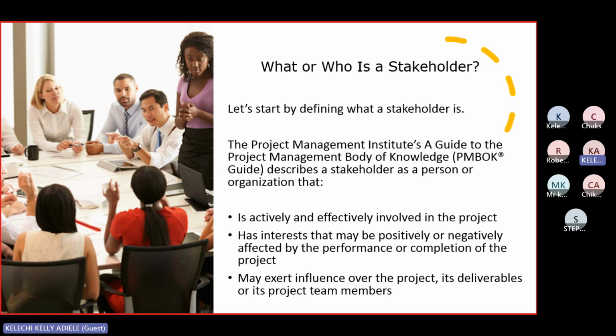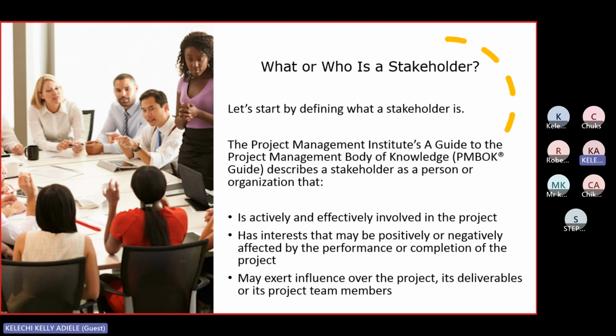Number three, he may assert influence over the project, its deliverables, or project team members. So somebody who has enough influence to affect the outcome of a project, the deliverables, the decisions, is also seen as a stakeholder. So these are very important people who are involved in the day-to-day running of the project.